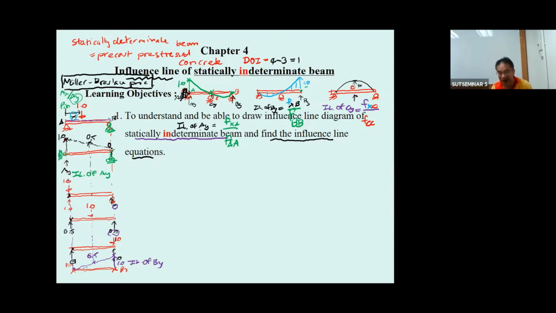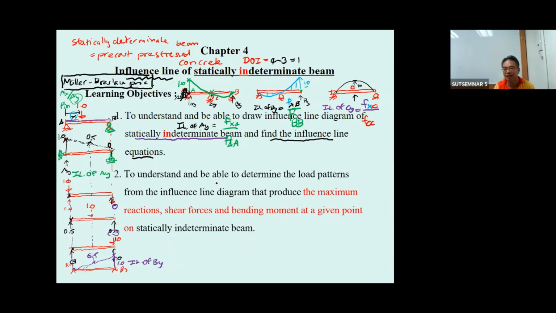Okay, and then the second one, you understand how to draw the influence line diagram. You understand the equation, and then later you should be able to determine the loading pattern from the influence line diagram that produces the maximum reaction. Okay.